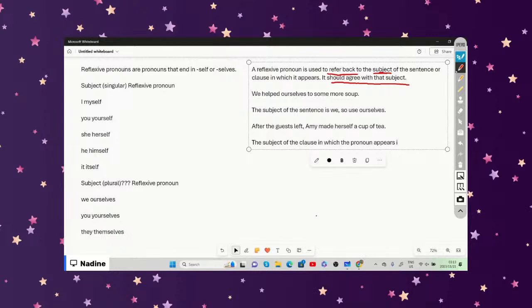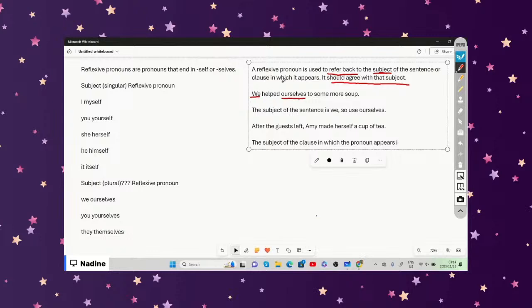It's basically asking who helped themselves to soup. So you can say it's we, which is us. We helped ourselves to some soup. So it's agreeing back to the subject, which is we, because we are doing it.